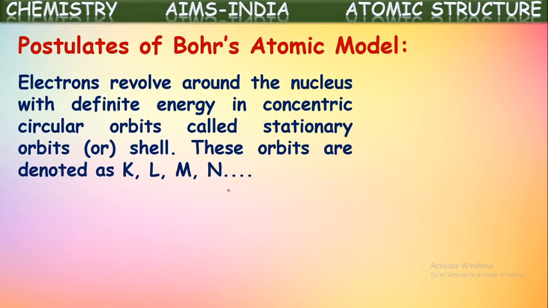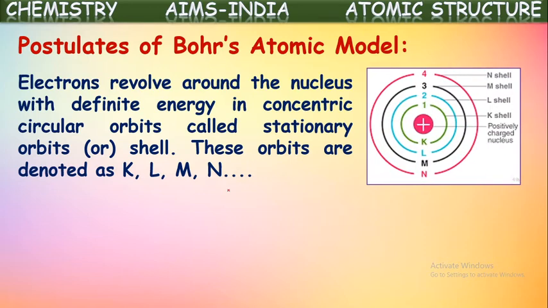The first one is that electrons revolve around the nucleus with a definite energy in concentric circular orbits, which are called orbits or shells. These orbits are denoted with the symbols K, L, M, N, and so on, or these are given numbers 1, 2, 3, 4, and so on.